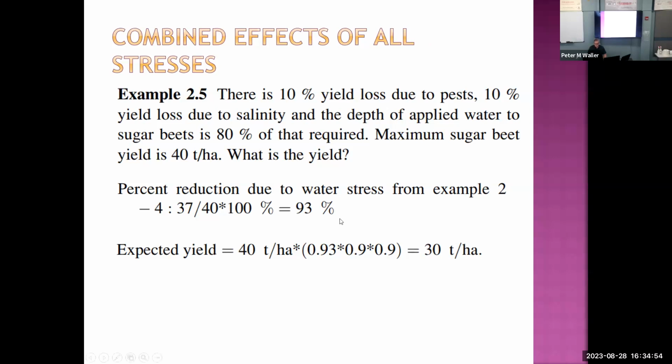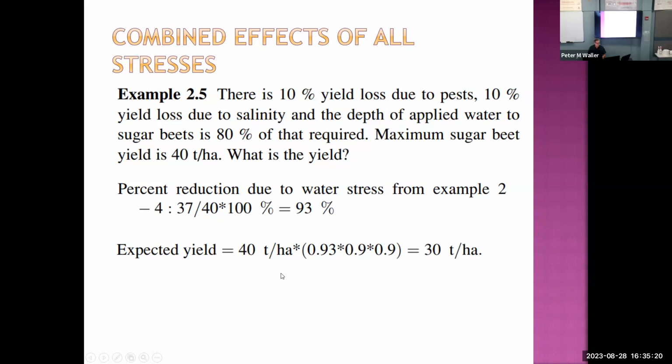This equation looks really bad, but it means, example 2-4, where we have 93% of yield due to the amount of water we're putting on, and then 90% due to pests and 90% due to salinity. We multiply them all together. So if our maximum yield is 40, our expected yield is 30.